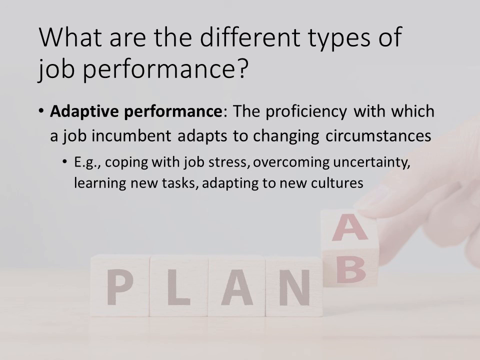This type of performance is not applicable to all jobs. Some jobs require more change than others. Change due to advances in technology, mergers and acquisitions, downsizing, restructuring, globalization. When job incumbents are expected to be flexible to adapt to the situation, it's important that IO psychologists measure adaptive performance.